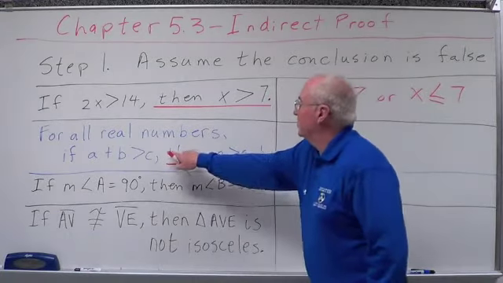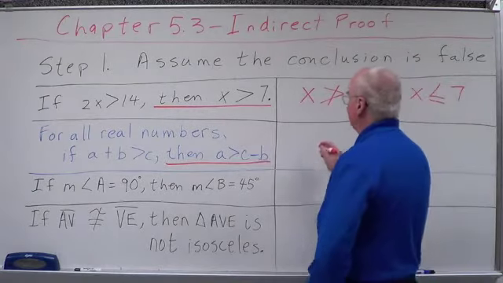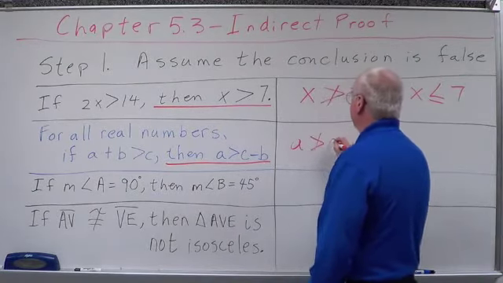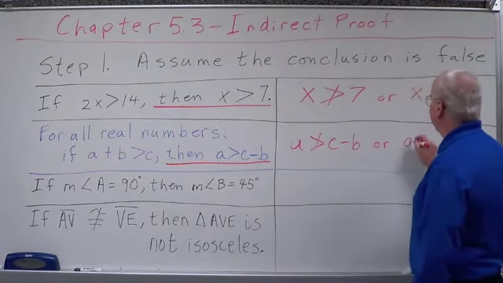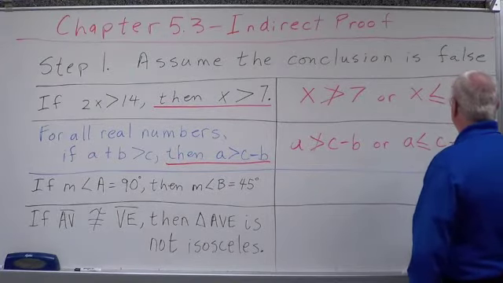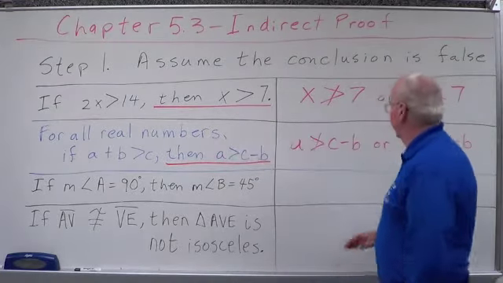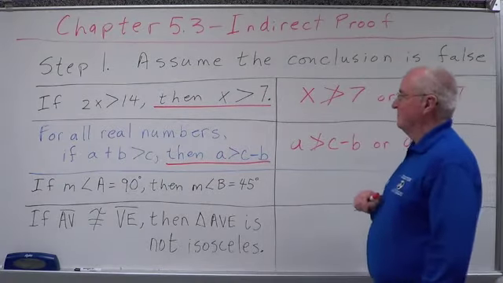We want to show that the conclusion, which is the then, is false. How do we say that's false? Well, we can say A is not greater than C minus B, or we can say that A is less than or equal to C minus B. Either one of those will work. Make sure, if you're doing it with an equality and you want to do it this way, that you get that equality in there. Otherwise, it won't be true.